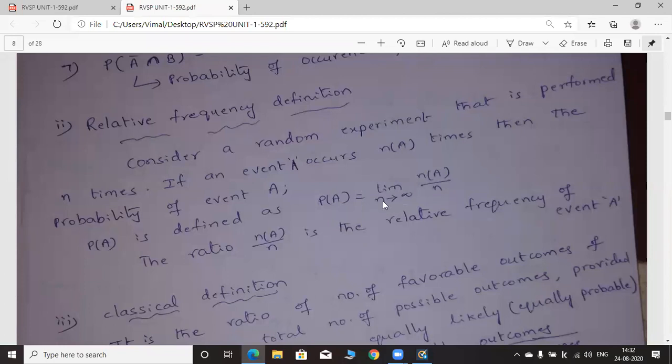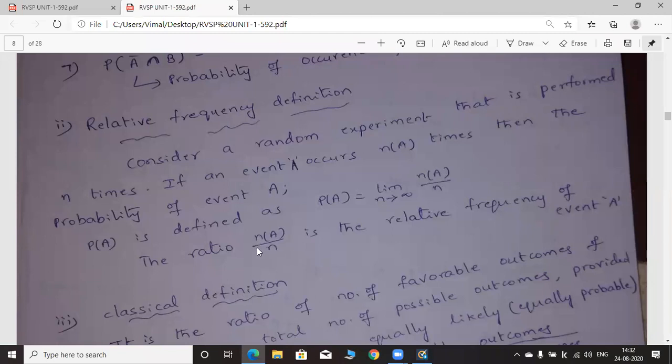What is meant by this n tends to infinity? The random experiment can be conducted any number of times, so there is no limit for that. You can perform the random experiment an infinite number of times, so we have to write limit n tends to infinity, n of A by n.